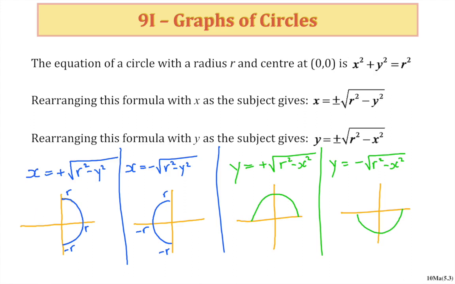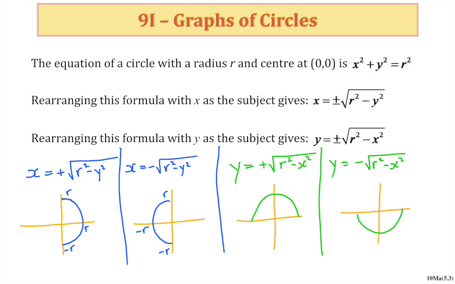So you see there's 4 different types of semicircles. How do you know which one's which? Well, if you look at this one, it's on the positive side of the x-axis. This one is on the negative side of the x-axis.